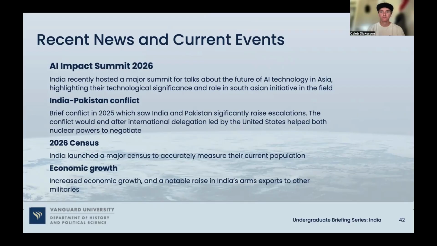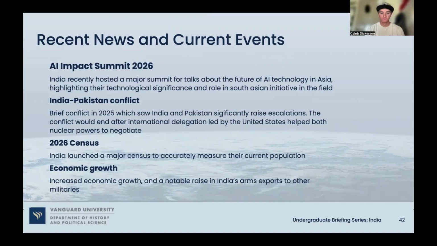As they are both nuclear powers who possess their own nuclear weapons, this raised a lot of eyebrows for the world, and it ultimately was ended after an international delegation, which was largely led by the United States, helped both countries sit at the negotiation table and end the conflict.